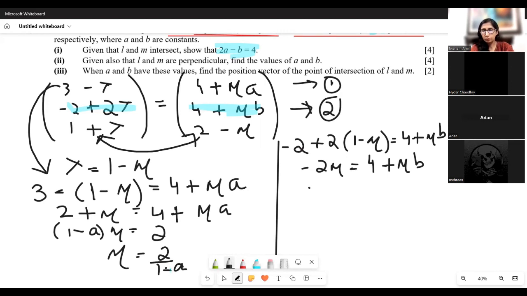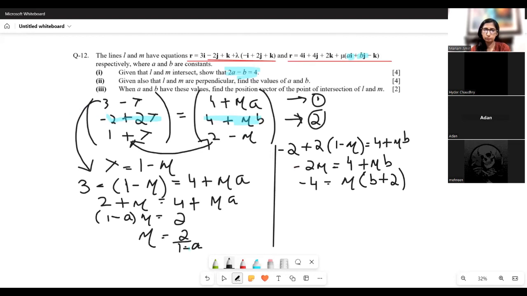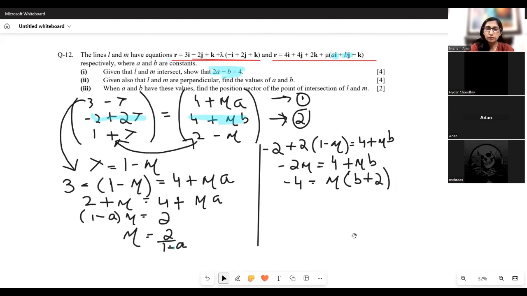So I'm going to write minus 4 here. On the right hand side, I'm going to move both the mu terms and I get b plus 2. That gives me mu equals minus 4 over b plus 2.